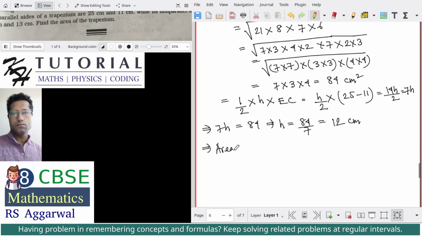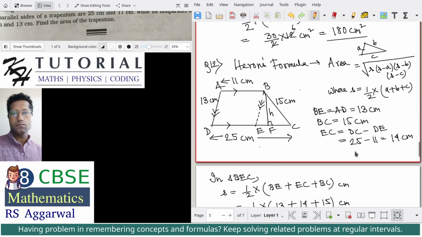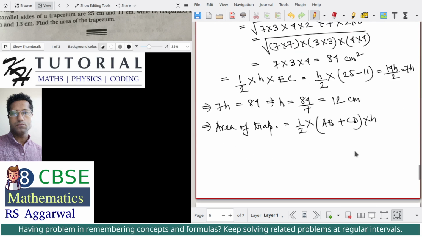Area of trapezium will be equal to half multiplied by AB plus DC multiplied by height. AB and CD are the parallel sides, so this is equal to half. AB was 11 and DC was 25, multiplied by the height we have found to be 12.